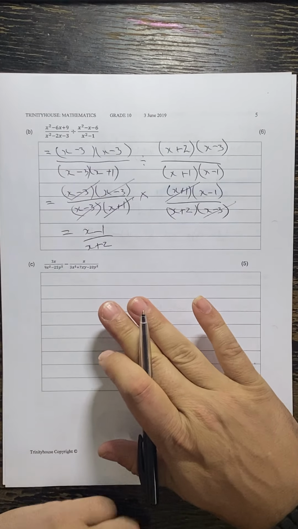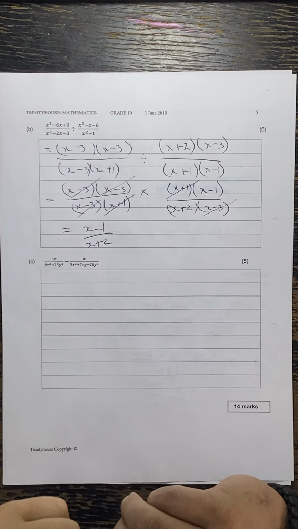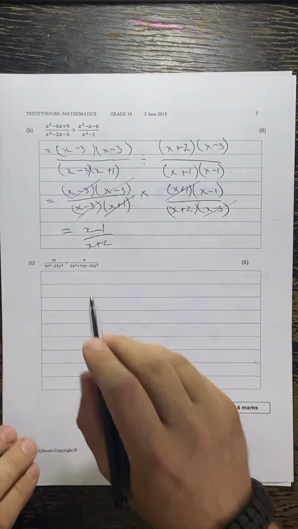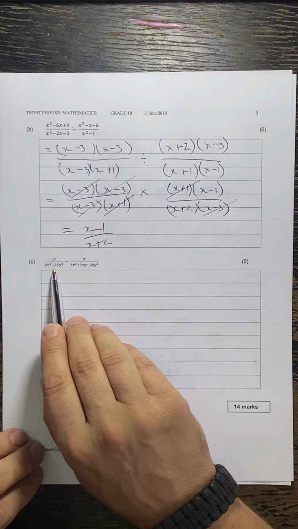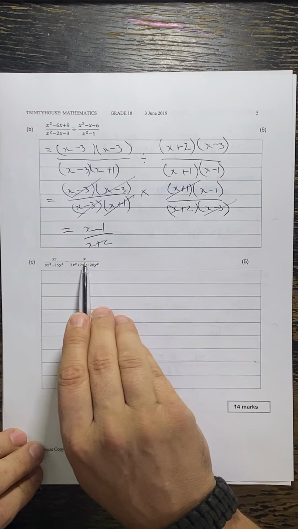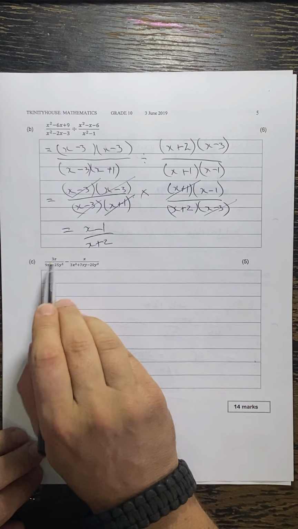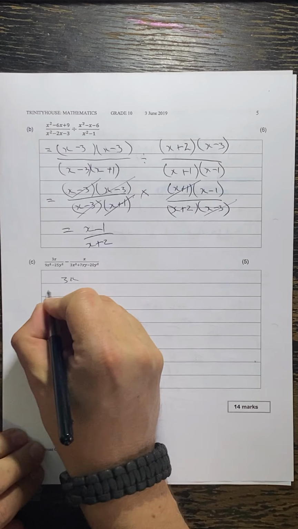Right, guys. So we're going on to another complex type of question where I'm going to have to look to factorize things. This would be a difference of two squares, and this is a trinomial. Okay, so first things first, we've got this 3x over.